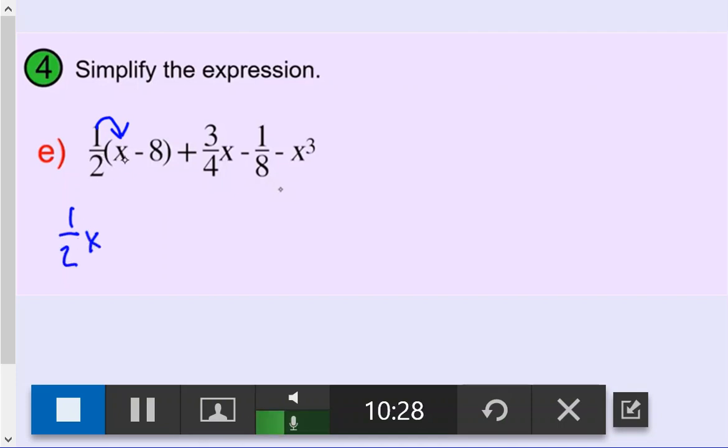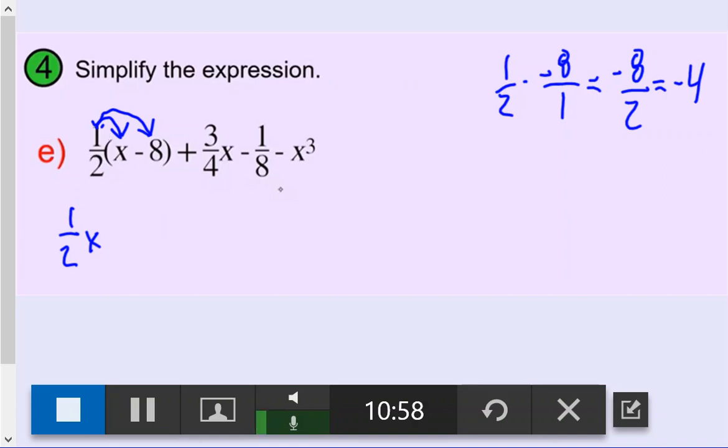Okay, now 1/2 of -8. Now it might look a little complicated, but really it's just saying what is half of -8. And so we can do the multiplication. 1/2 times -8 over 1, and we'll get -8 over 2, which will give us -4.